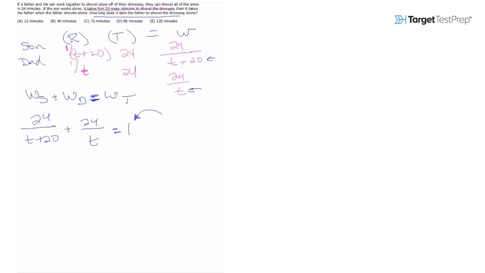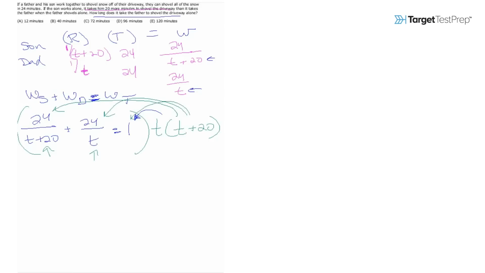So we have a nice quadratic here, and we're going to first get rid of the denominators. I don't like looking at those, and neither should you. So the least common denominator, in other words, the first number that both of those two denominators, t plus 20 and t, will divide into, is t times t plus 20. Okay, and remember, guys, this has to multiply by each term in the equation.